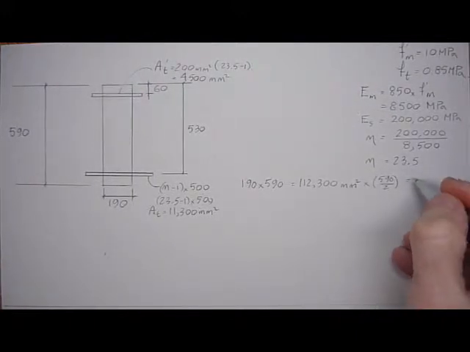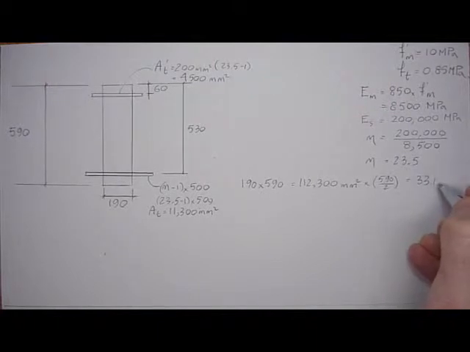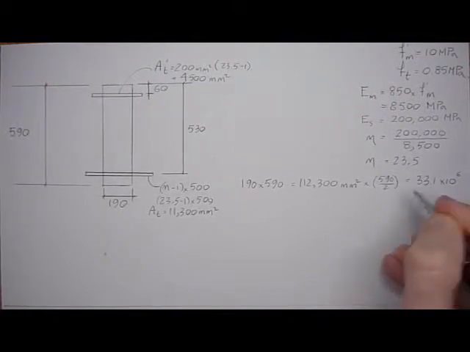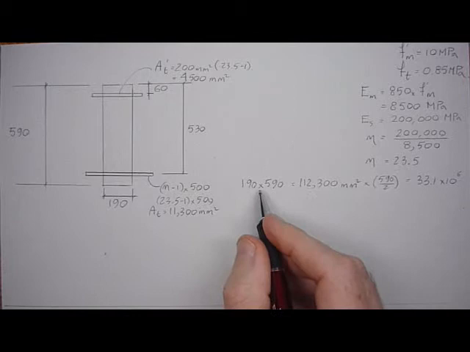That's 33.1 times 10 to the 6. So that's the y bar A for that component.